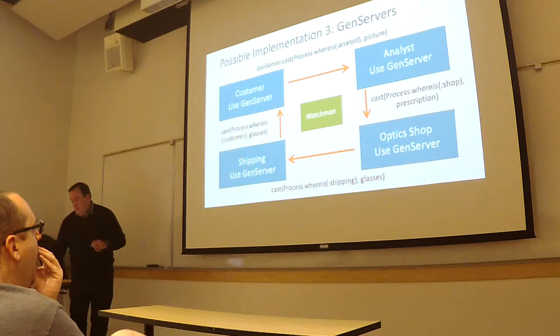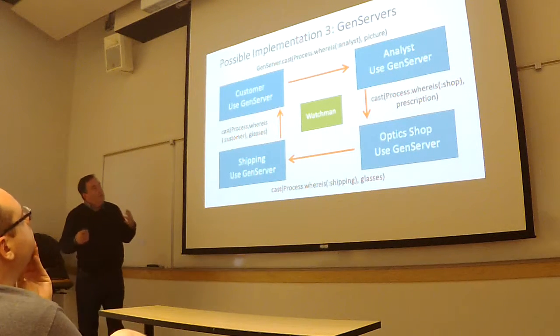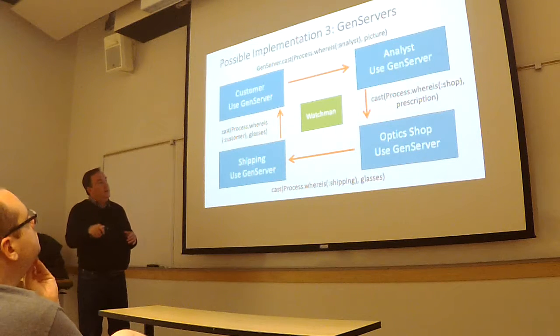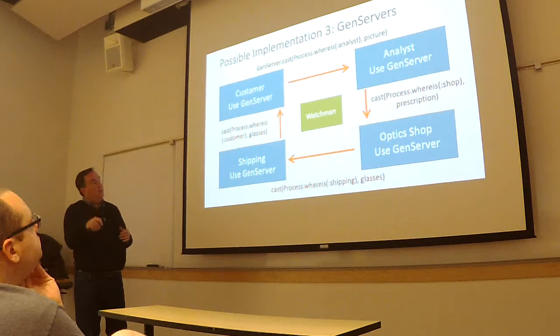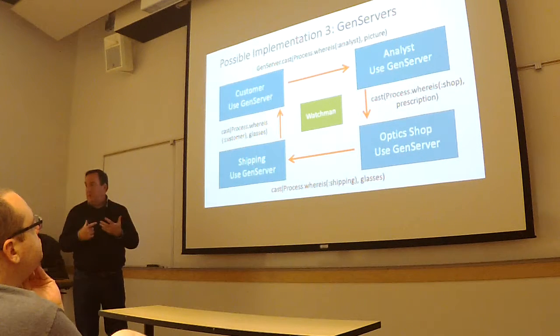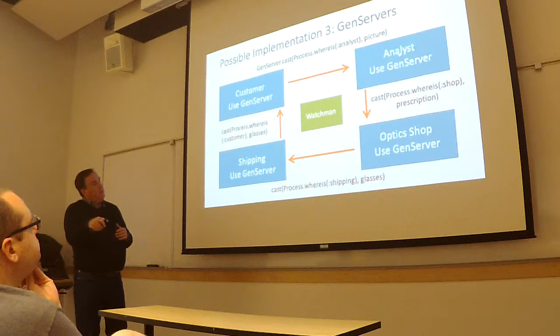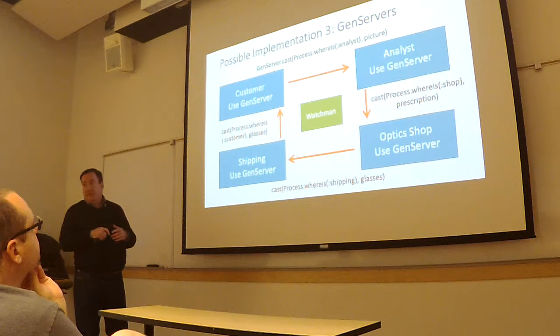So here's what our system looks like now. So our watchman can be a supervisor behavior. We'll talk about that probably next time. These three would all be using GenServers. The customer itself, this might be a GenServer.